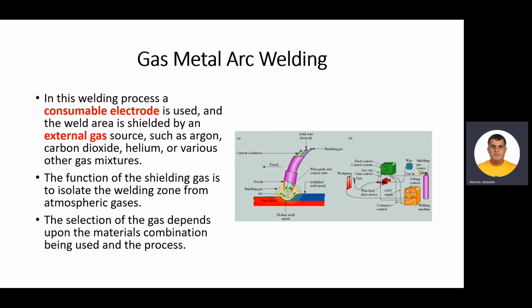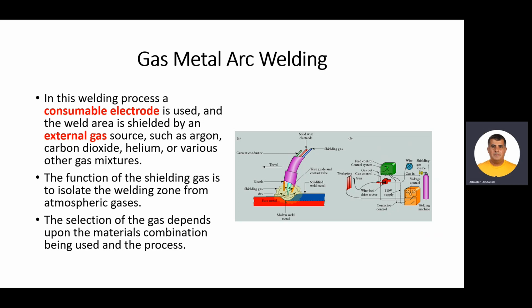In gas metal arc welding, we use gases, inert gases, such as argon, carbon dioxide, helium, okay? And here these gases make the shielding of the weld zone against atmospheric gases.